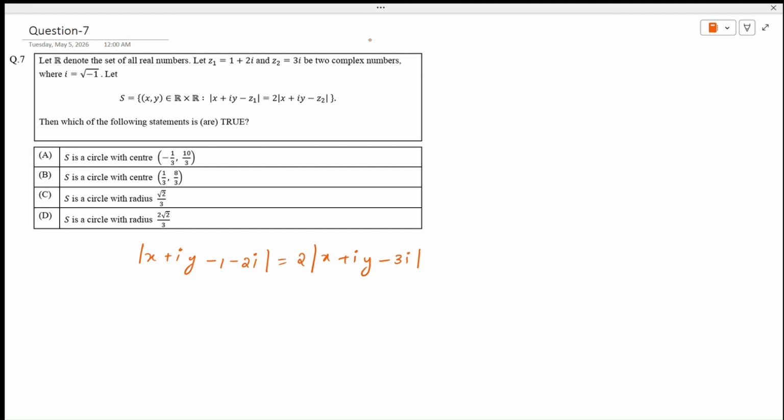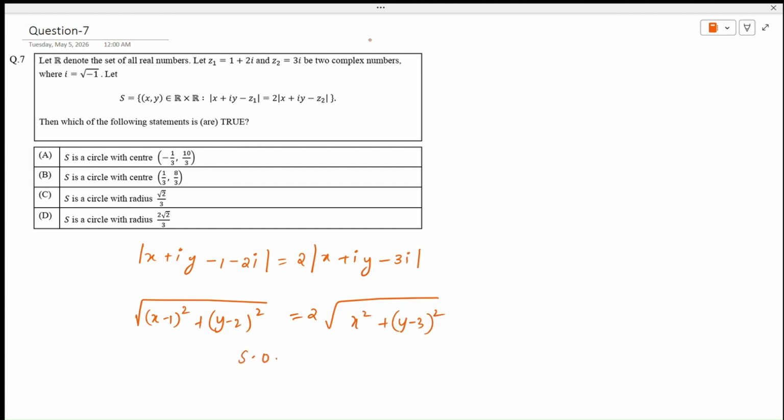So modulus is nothing but the root of x minus 1 whole square plus the imaginary part, which is y minus 2 whole square, equal to 2 root x square plus y minus 3 whole square.